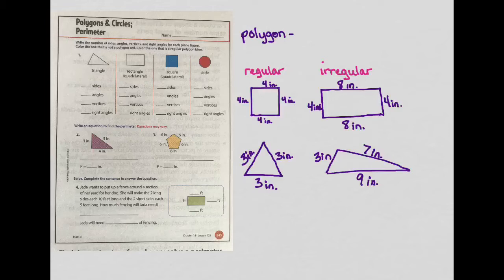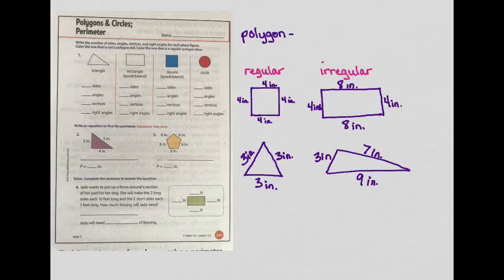So the regular triangle, you can see all 3 sides are the same in length. The irregular triangle, the 3 sides are all different. So that's not a regular triangle.